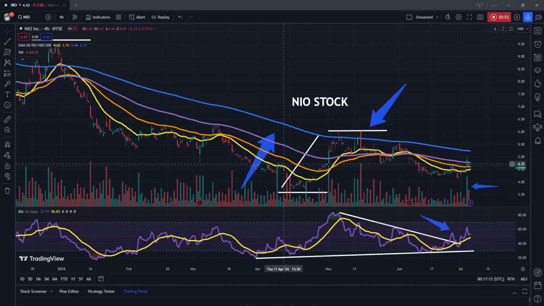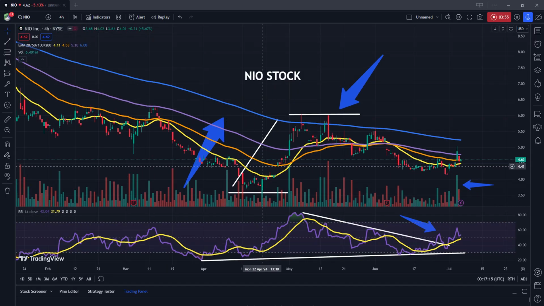The textbook knowledge here, when you see a trading range like this, is that a forceful break is likely to occur. But, in my view, there's really not much room for the downside for a forceful break to occur. So in that sense, it really doesn't make a lot of sense that we would see a major break to the downside, because there's not much room for follow through there. The room for follow through is toward the top side.